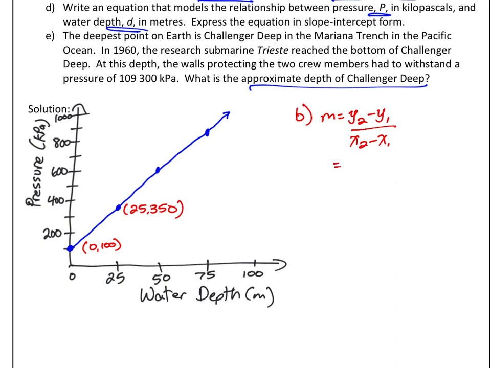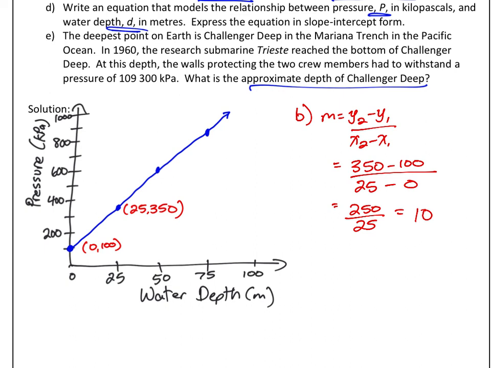And subbing in those numbers, you will have 350 minus 100 for the y values being subtracted, and then 25 minus 0 for your x values in the denominator. 350 minus 100 is 250, and 25 minus 0 is 25. 250 divided by 25 actually equals 10.